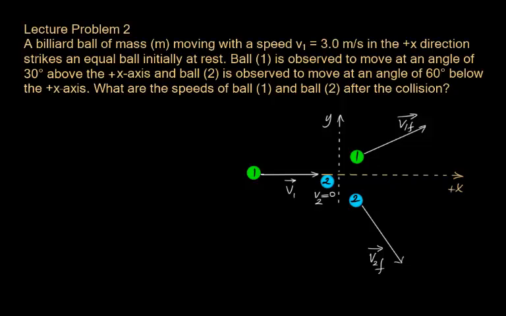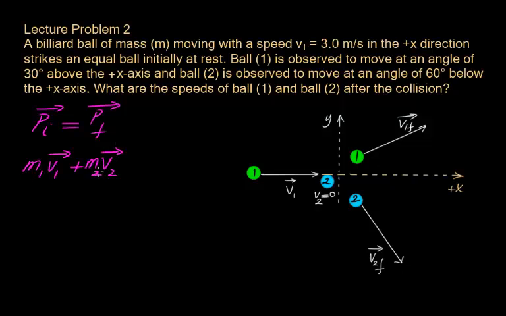Since the net force at the time of the collision is equal to 0, the momentum is conserved. The P initial must equal the P final. The momentum initial comes from two objects, mass 1 times its velocity v1 plus mass 2 times its velocity v2.